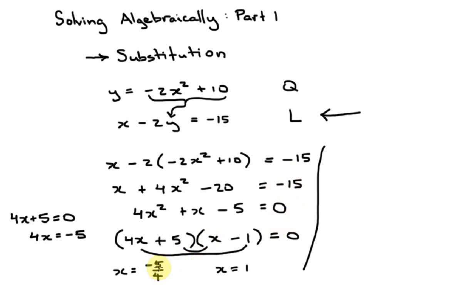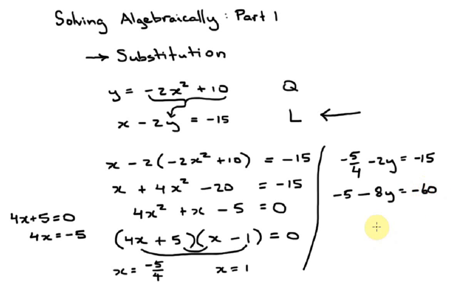If I plug in, let's get the ugly one over with first, negative 5 over 4. So that gives me negative 5 over 4 for x minus 2y equals negative 15. To solve this, I'd probably just multiply everything by 4, to get rid of the fractions. So 4 times that would be negative 8y, and 4 times this should be negative 60.